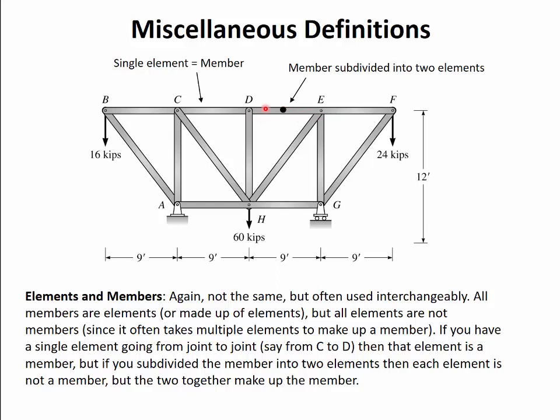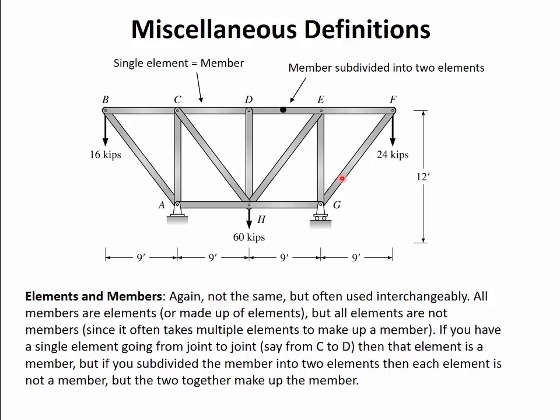Again, they're used interchangeably, but technically, if the member CD is made up of a single finite element, then that element is a member. If I use two different elements, then each element is not a member. The whole thing is a member.